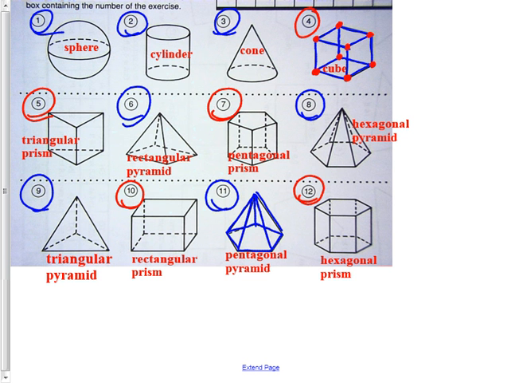And when I look at the vertices, I'm going to have 1, 2, 3, 4, 5 here around the base, and a 6th one up here. So our pentagonal pyramid has 6 faces, 6 vertices, and 10 edges.